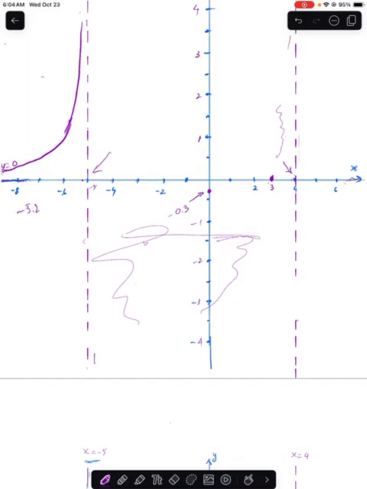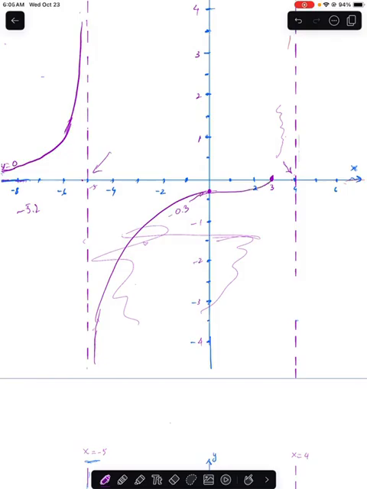So it must be over here. And then it will come towards its intercept, cross the y-axis like this, and still stay below the x-axis, and then it goes towards its x-intercept like that.